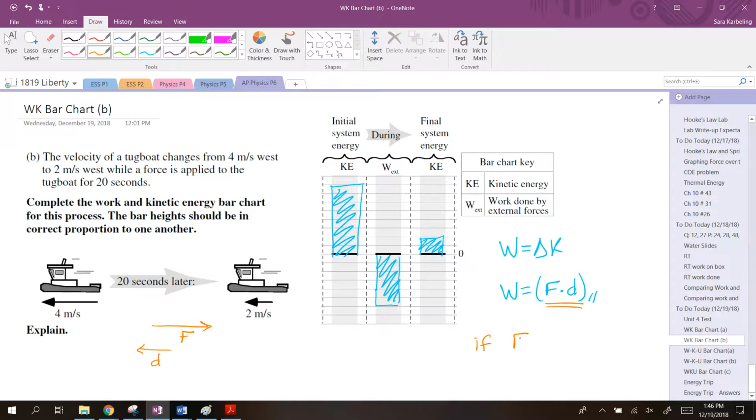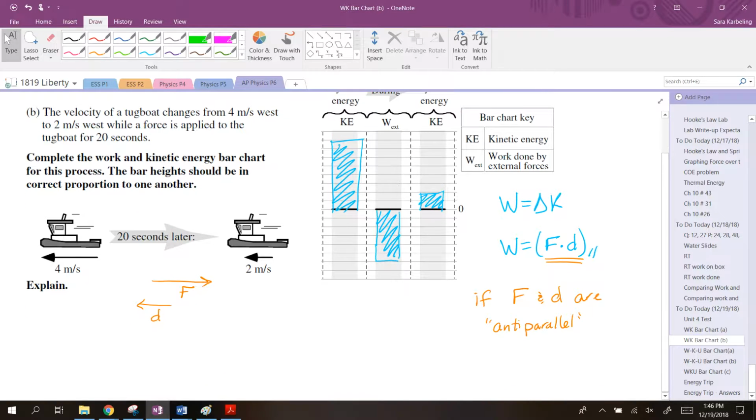If F and D are anti-parallel, pointing 180 degrees different or opposite directions, in all of those cases, the work is negative, because the force is in the opposite direction.